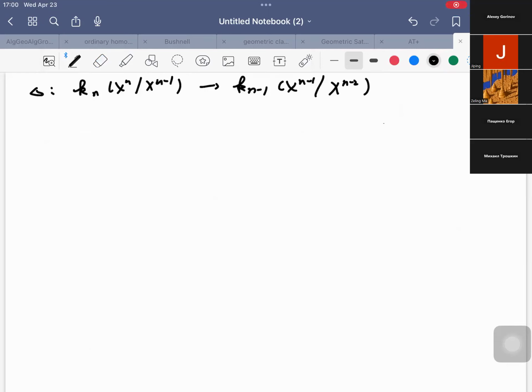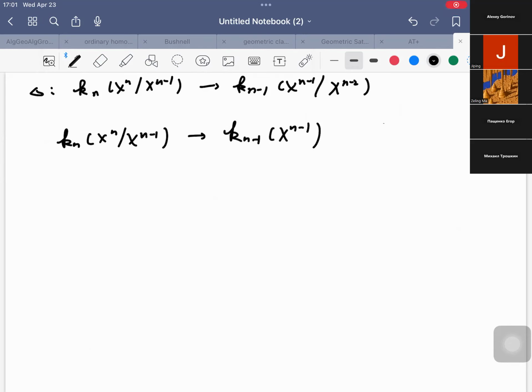This is just given by the long exact sequence we have talked about. You can go to X_n, K_n minus 1, to X_{n-1}.